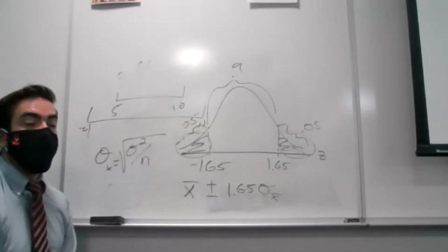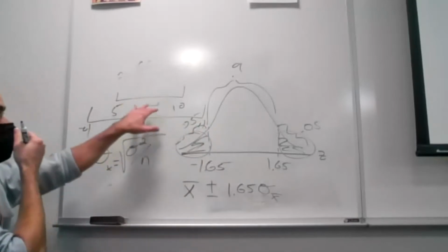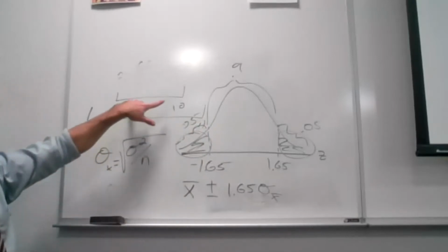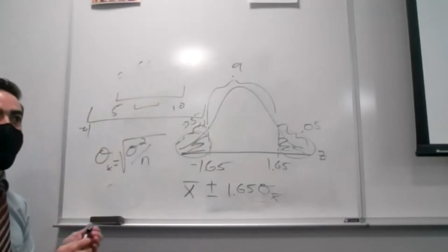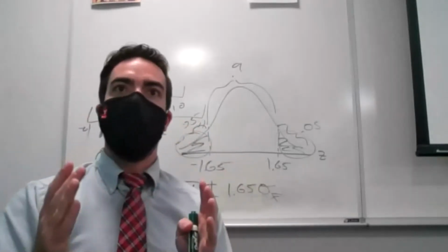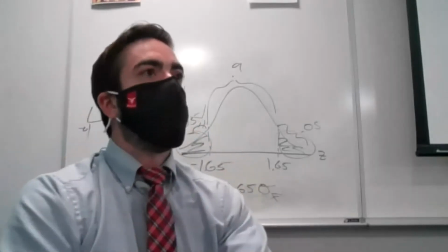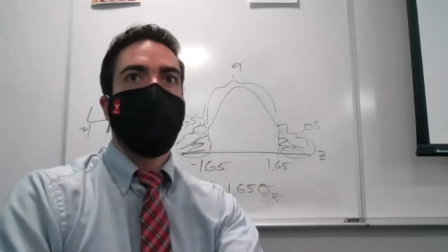Otherwise, if I gave you a smaller range and told you with 99% confidence it's between these two values, then how did you tell me with 90% it was this wider range? It doesn't make any sense. So we're going to think about what changes the width of our confidence intervals, and whatever changes the width is going to change the level of confidence that we can state.